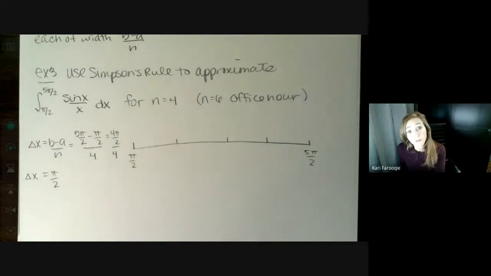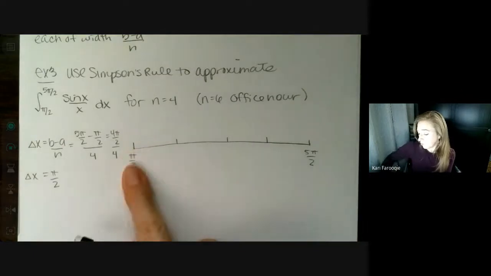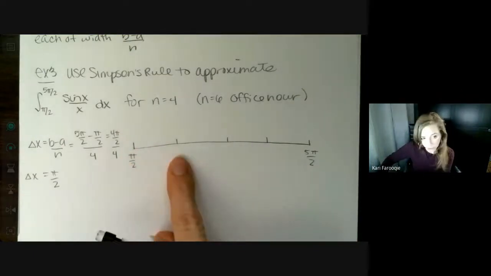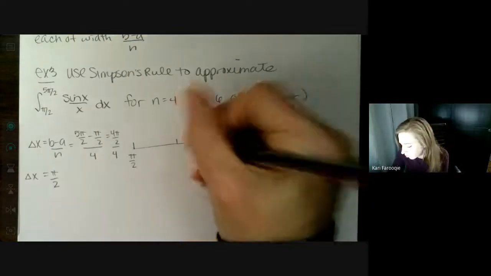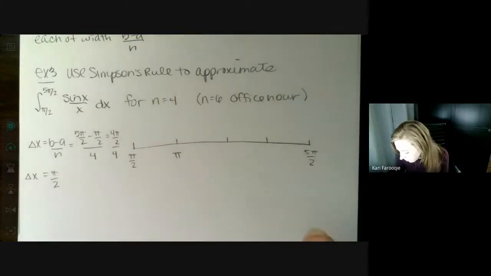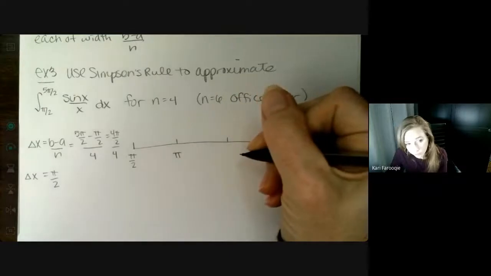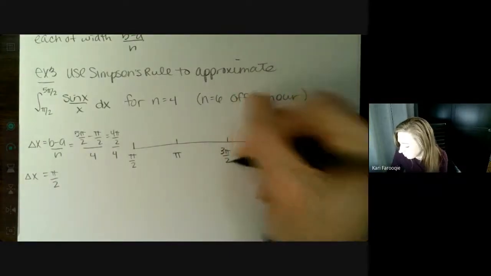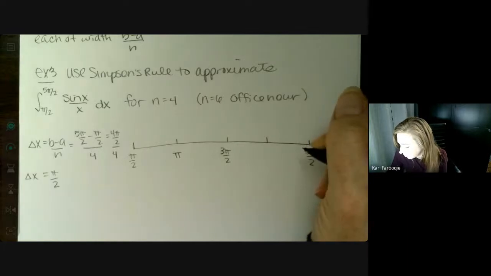So that means you're always going to be adding pi over 2 to get from one interval to the next. So pi over 2 plus pi over 2: 1/2 plus 1/2 is 1. Plus pi over 2, so 1 plus 1/2 is 3/2. Plus another 1/2, and you'll get to 4/2.